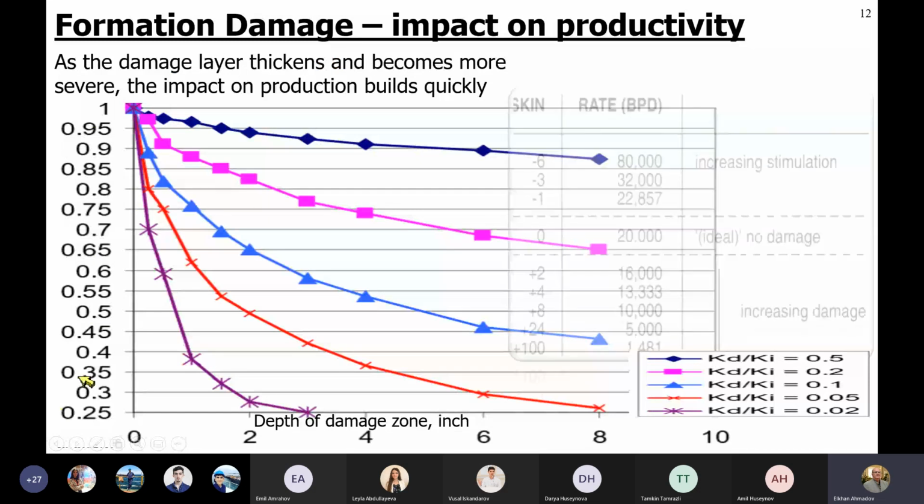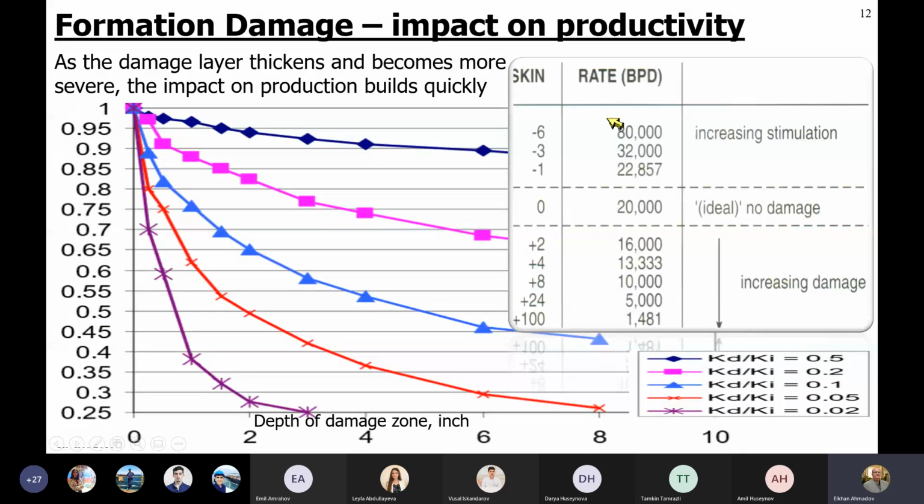So generally, for comparison, if the ideal no damage case, the well rate at 0 skin, is 20,000 barrels, then a skin of 2 will decrease it to 16, and a skin of 8 will decrease it by half.